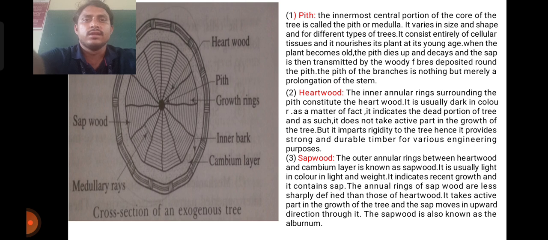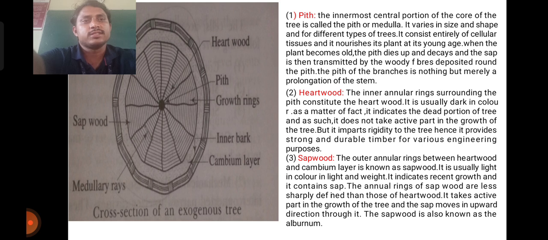First, what is the meaning of pith? It is the central, inner portion of the material, the central portion of the core, and it is called pith. It varies in size and shape in different types of materials involved in timber structures.